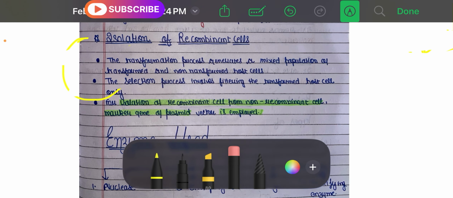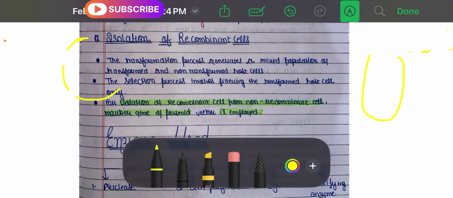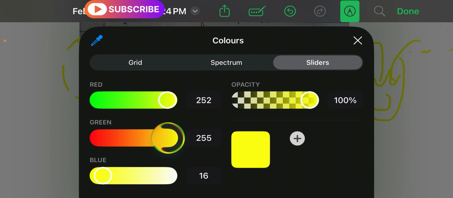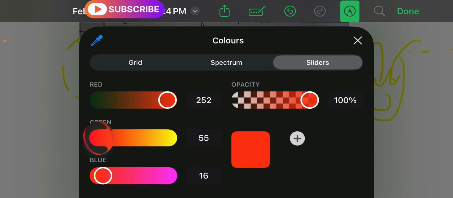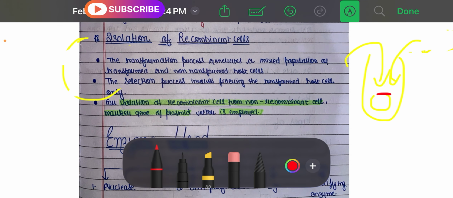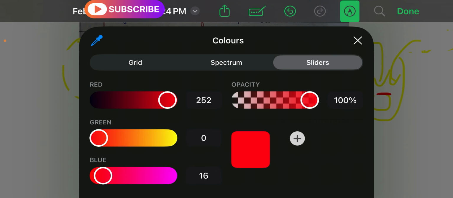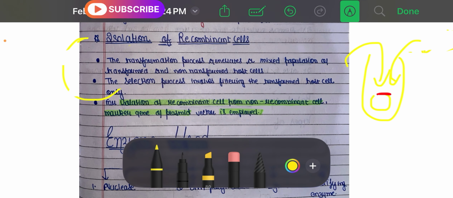Now, once I have my gene of interest inserted over here in my plasmid, and second, I have my plasmid over here. Now this is my rDNA, and this is simply the plasmid.